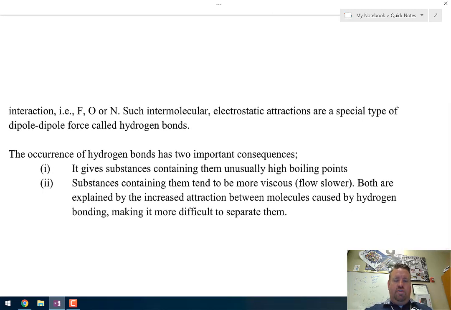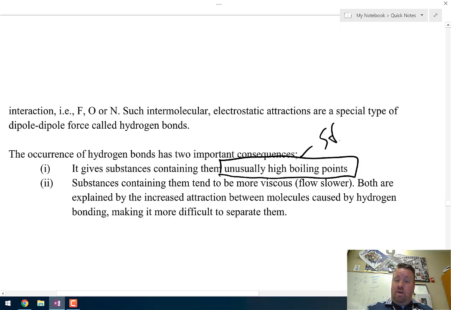So there are two things that happen because of hydrogen bonding. Again, they have unusually high boiling points, because hydrogen bonds are the strongest type of intermolecular force. And substances that have hydrogen bonding tend to be more viscous, which means they flow slower when you pour them, like syrup, which has a very high viscosity.